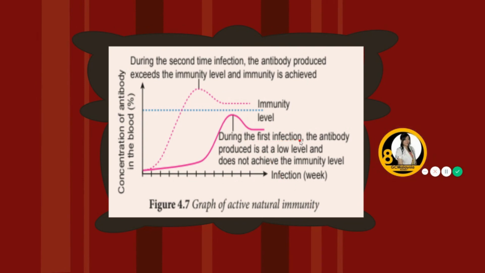During the first infection, the antibody produced is at a low level and does not achieve the immunity level. During the second time infection, the antibody produced exceeds the immunity level and immunity is achieved.